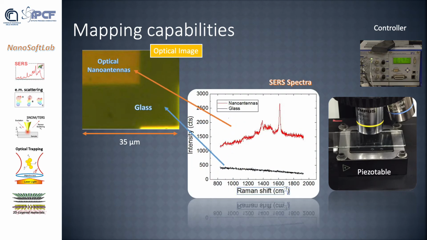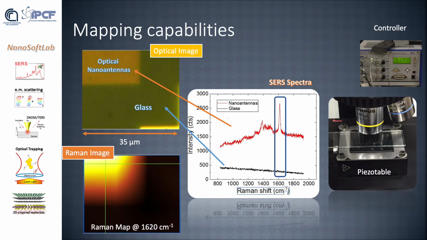If we acquire spectra at different points, in this case here in glass we see basically nothing, while here we see the enhanced signal of the probe molecules. In our case this is methylene blue. What we can do is to set this energy, so observe the distribution of the emission at this energy.